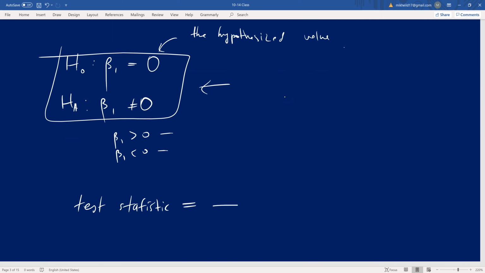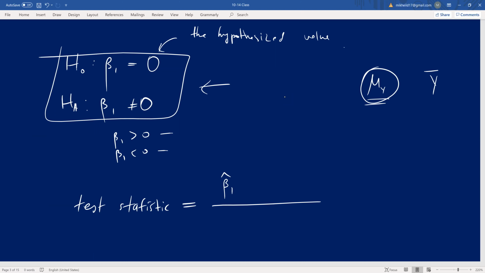which will be what? Is it y bar minus? Oh, beta 1, you are not testing a hypothesis about y. Sorry, about mu of y. To test the hypothesis about mu of y, you were using y bar.